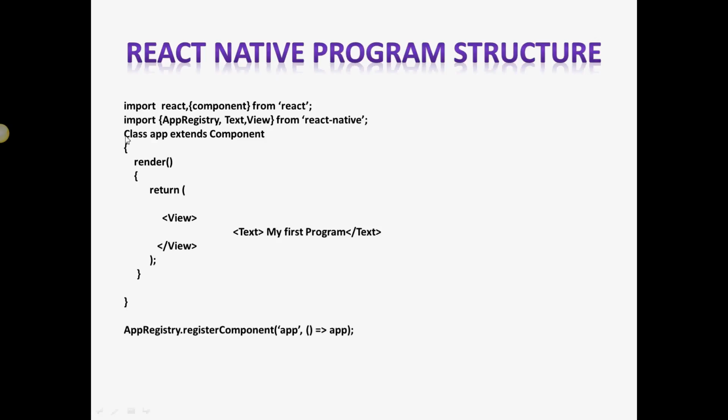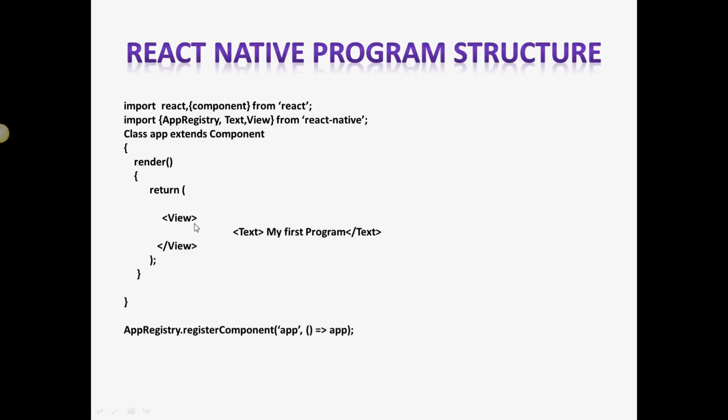The class concept is the same as we use in Java or other languages. Class, name of the class, extends Component, because we want to extend the Component class so that we can get all the features of the component. Now render is the main function that is used to render your components on the mobile app. The render function returns the design.